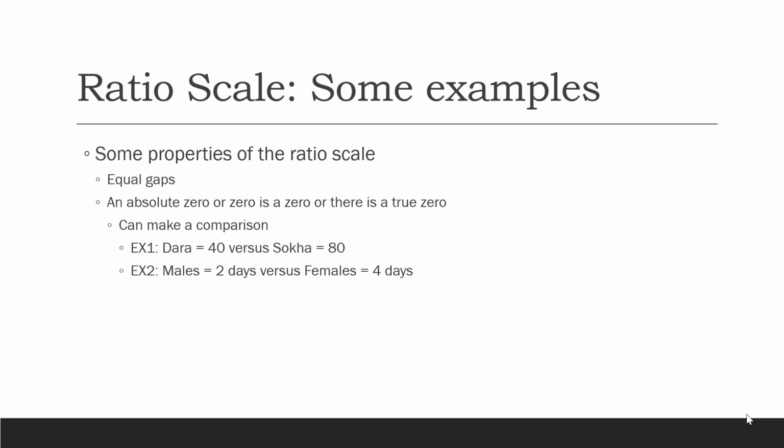The last example that we can make a comparison again: if males on average spend 2 days visiting a province or overseas, and females on average spend 4 days visiting a province or overseas, we can say that females on average spend twice as many days as males on holiday making, on vacation.